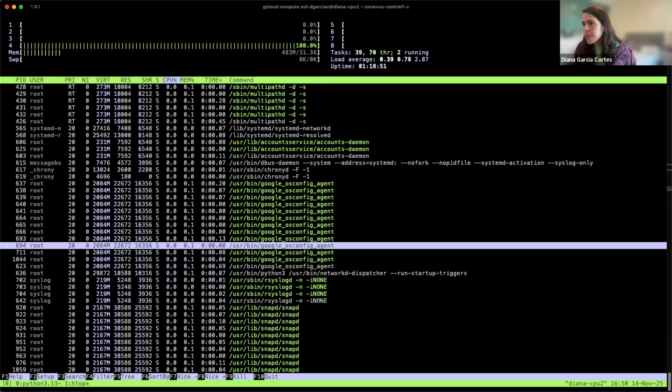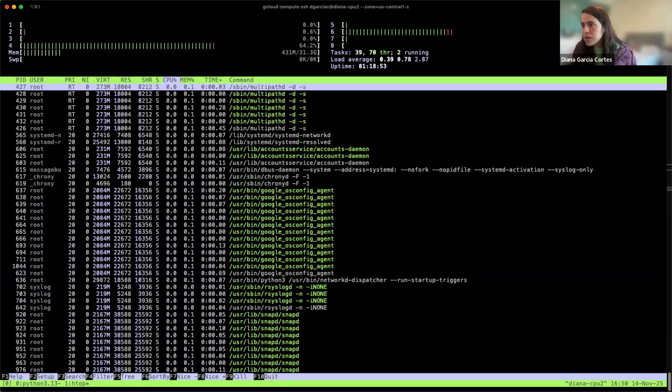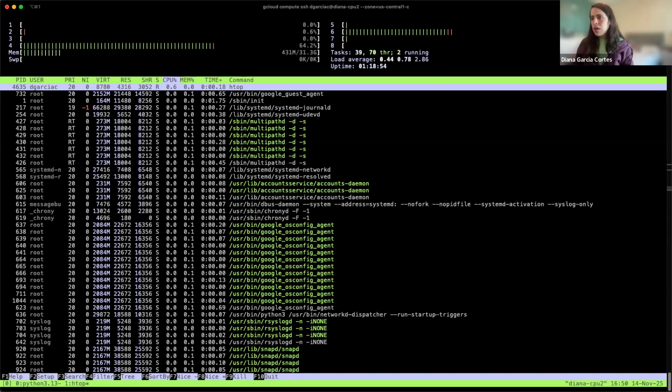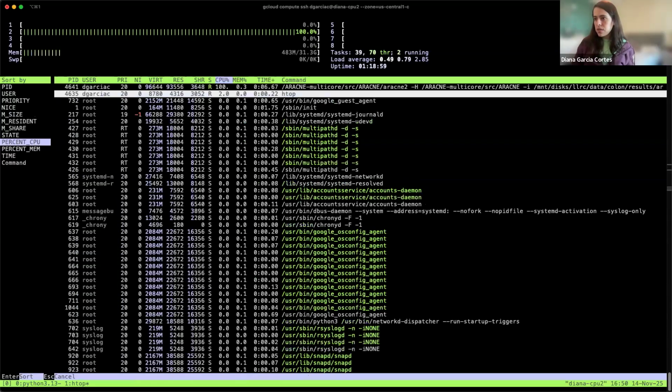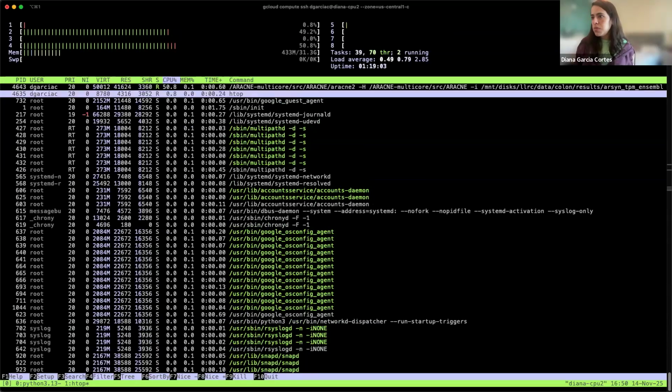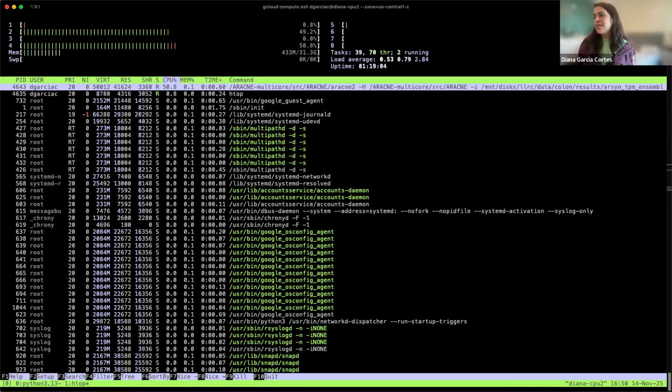Let's sort by F6, so by the percentage of the CPU. Okay, so this is my task. This is the task that it's running. So you can see here that it's only using one single thread.